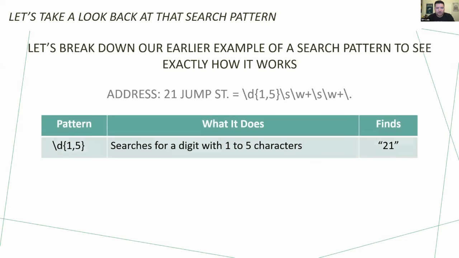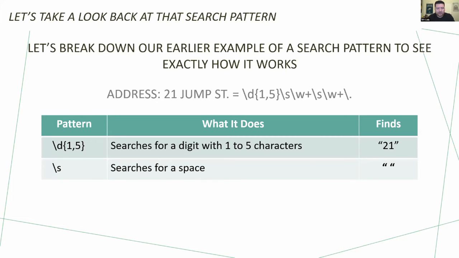The first position is the character looking for a digit, so that's the lowercase d. That digit is going to return 1 to 5 characters. That's what the squiggly bracket with the 1 to 5 is. And the result of that is, of course, 21.